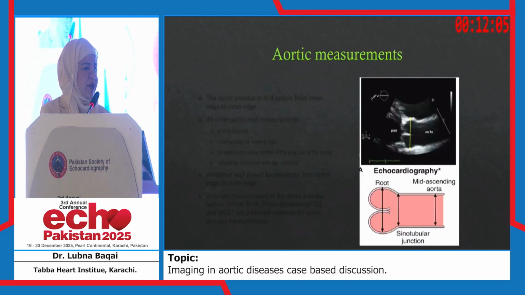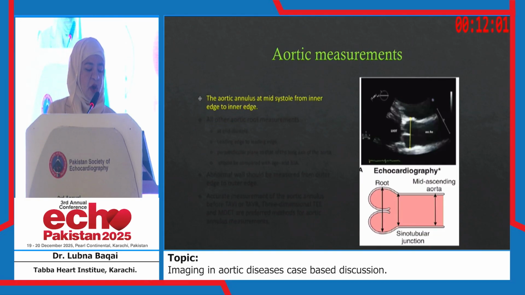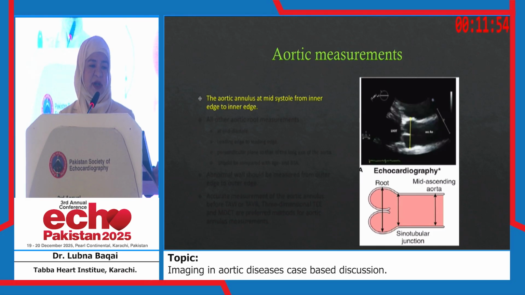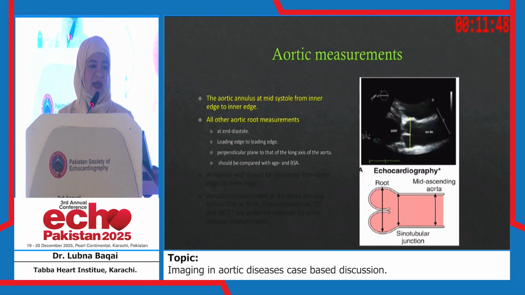Now come to the aortic measurements. In which phase and at which level do you measure? The aortic annulus is measured at mid-systole, from inner edge to inner edge, just for the aortic annulus. All other aortic root measurements must be done at end diastole, leading edge to leading edge, perpendicular to the long axis of the aorta, and should be compared with age, sex, and body surface area.